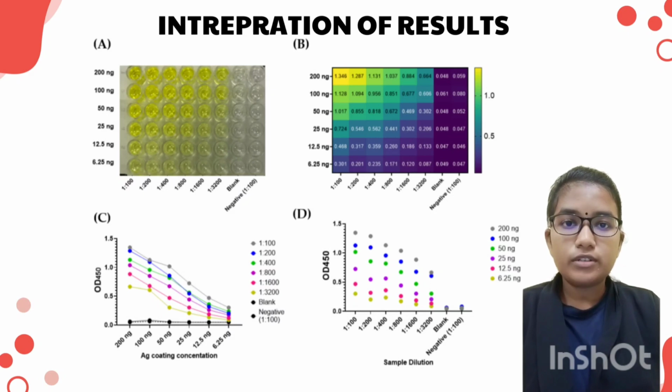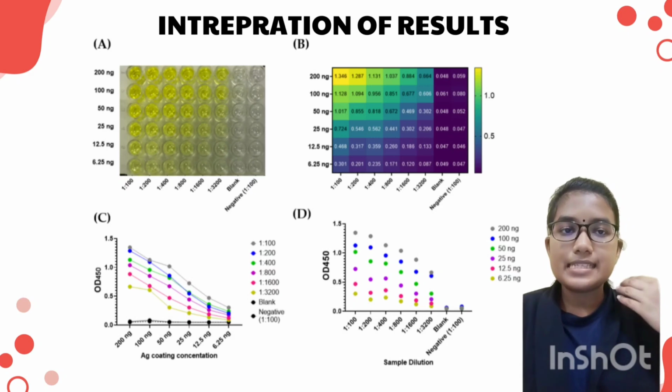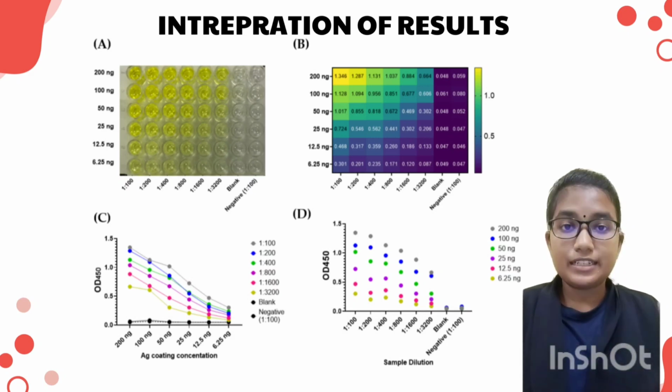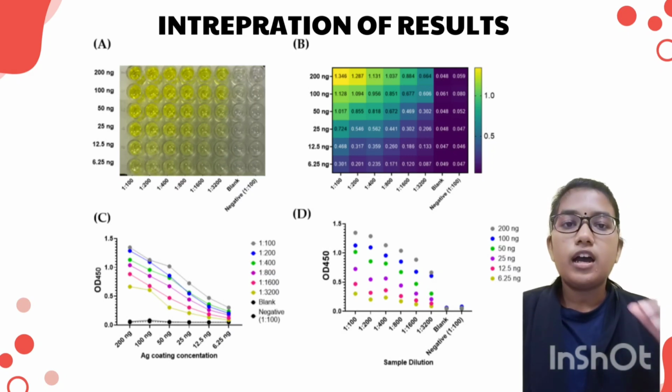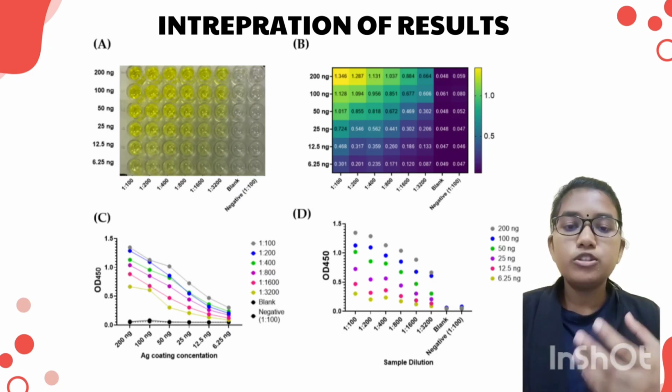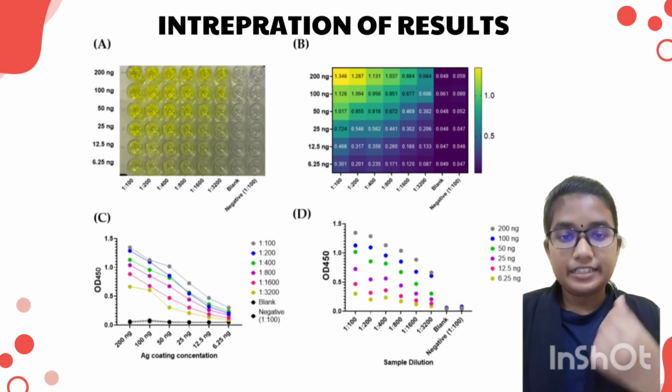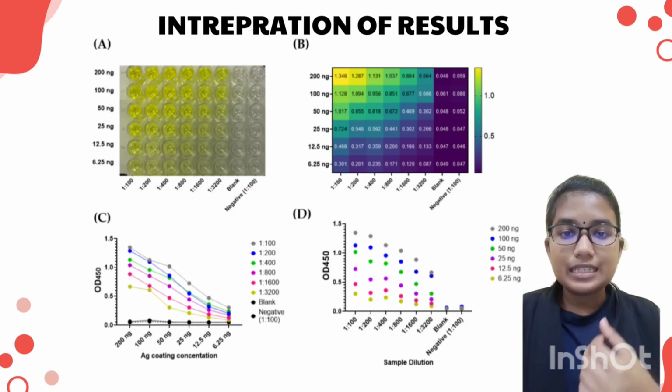Negative control and also blank are included in picture B. Pictures C and D show the effect of antigen coating and sample dilution on signal reading. We can conclude that the 1 to 100 ratio is able to identify antibodies against SARS-CoV-2 by using the ELISA test.